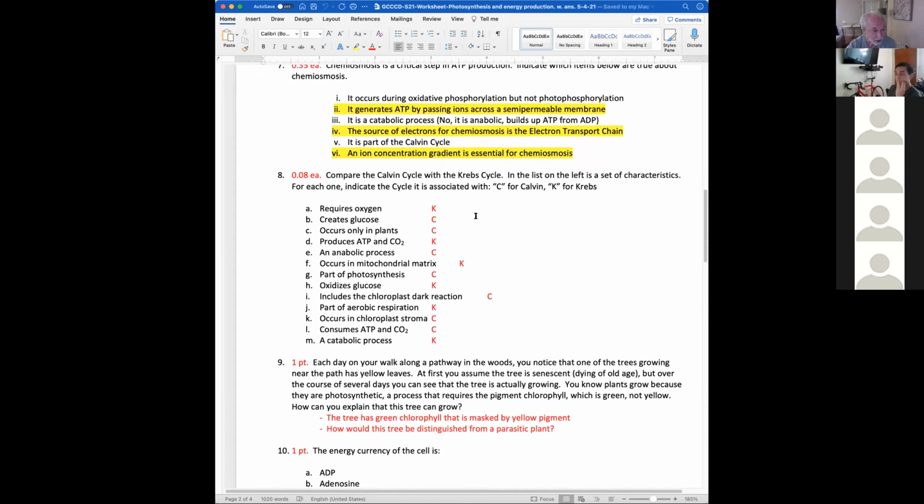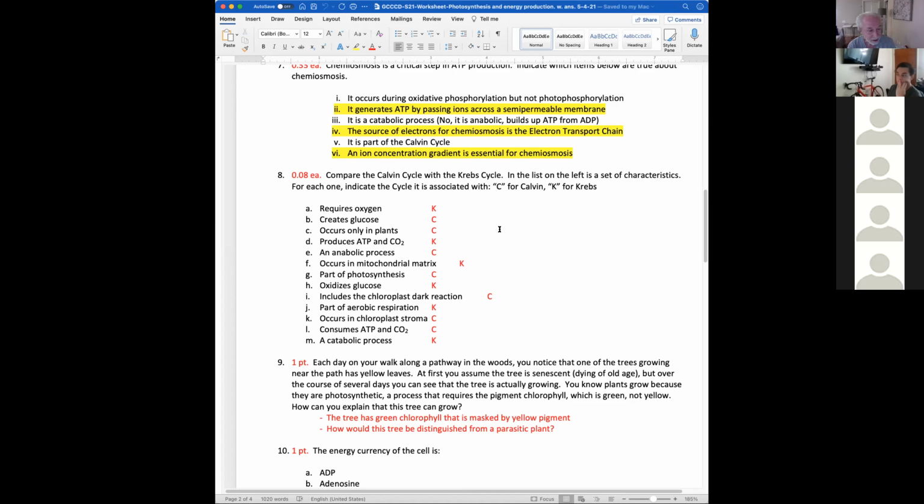Almost no one got all of number 8 correct. A couple people did, but most of you missed 1 or 2 of these. So which is indicative of the Calvin cycle and which the Krebs cycle? So A requires oxygen, that's Krebs. Creates glucose, that's Calvin. Occurs only in plants, is Calvin.